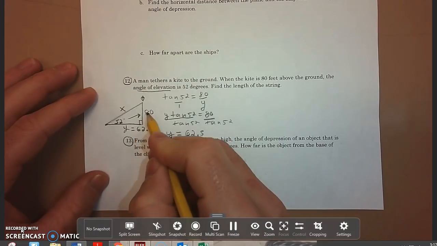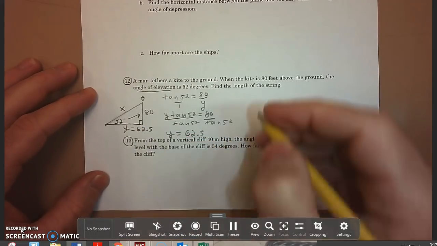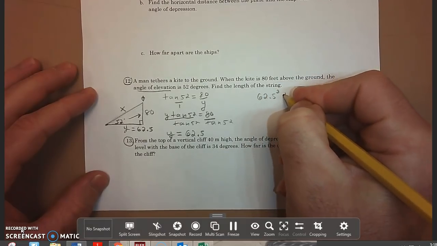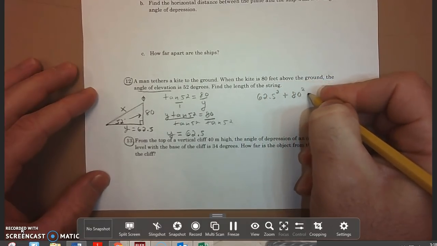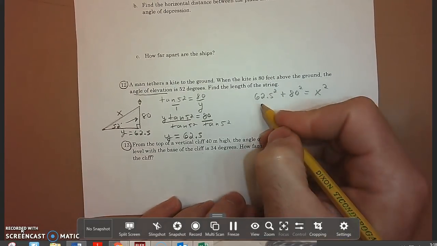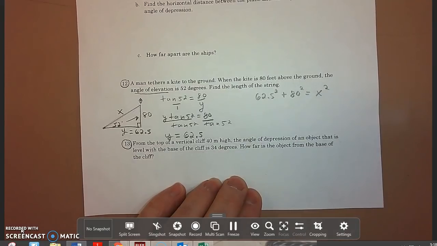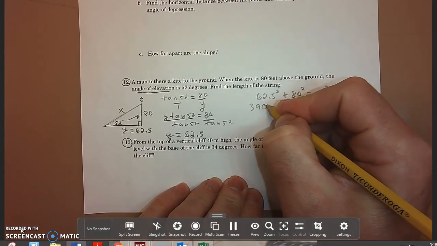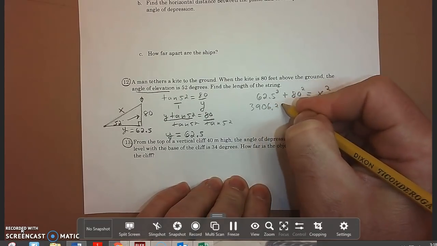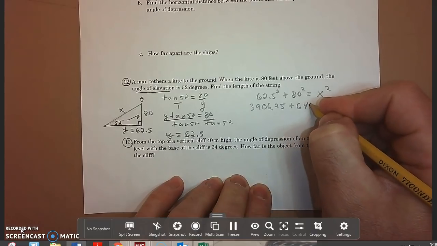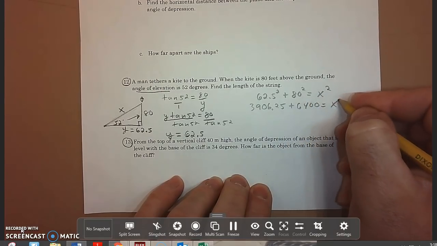I'm going to treat these as my a and my b, and my x as my c. So I have 62.5 squared plus 80 squared equals x squared. Let's work this out. 62.5 squared gives me 3,906.25, plus 80 squared gives me 6,400, equals x squared.